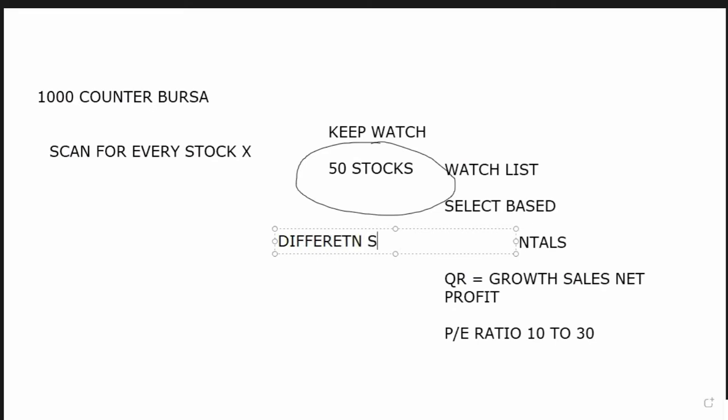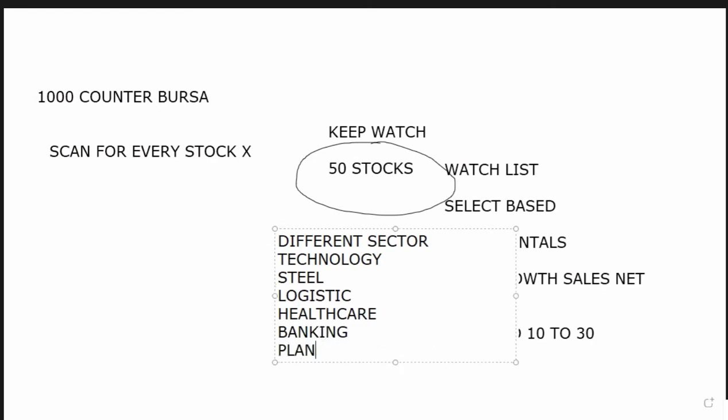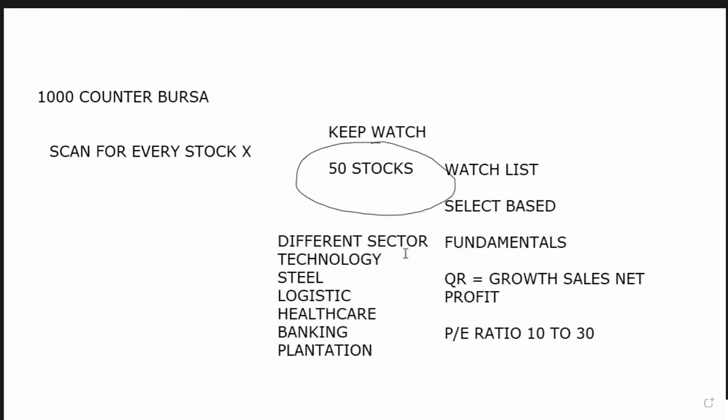Different sectors: you can have a selection of technology, a steel sector, logistics, healthcare, banking stocks, plantation. In each sector you choose the best stocks with some criteria. So every day you keep watching and trading your favorite 50 stocks.